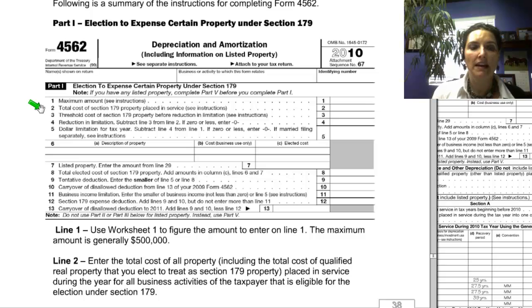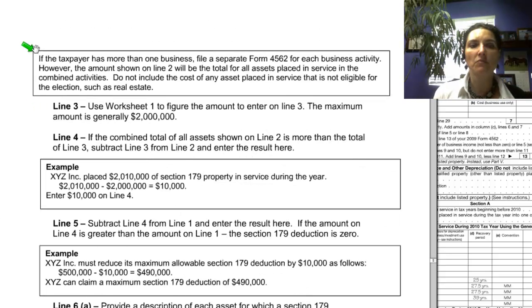Line 2, enter the total cost of all property, including the total cost of qualified real property that you elect to treat as Section 179 property, placed in service during the year for all business activities of the taxpayer that is eligible for the election under Section 179. If the taxpayer has more than one business, file a separate Form 4562 for each business activity.